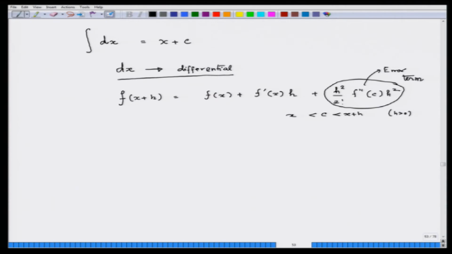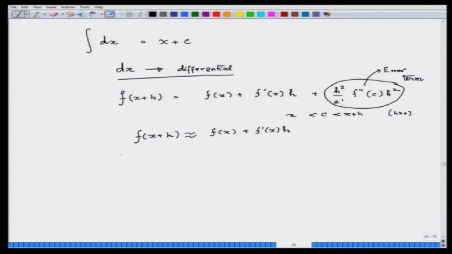Now this is something which is an error, it is actually an error term. So effectively, when h is very small, that is when the distance between x and x plus h is very small, I say that the value of the tangent line and the value of the function are very near, they are almost the same.